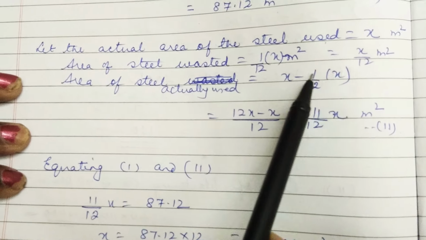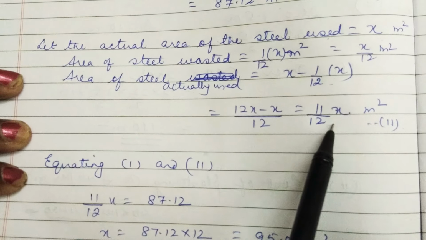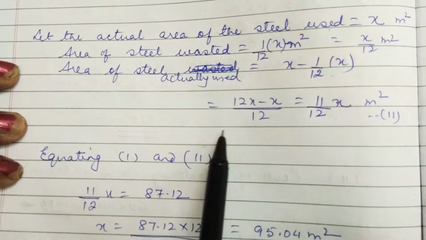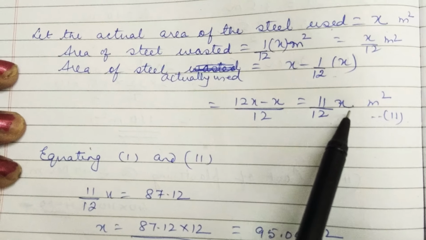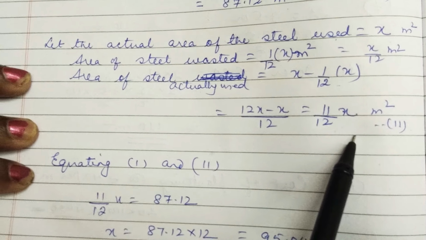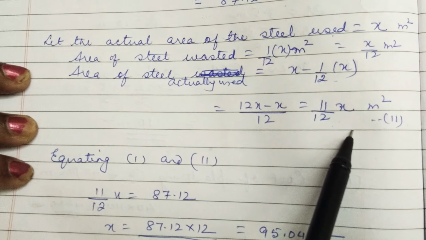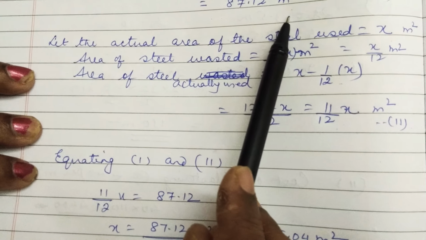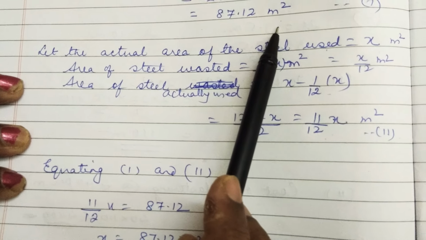That was x minus 1/12 x, that is equal to 11/12 x meter square. So area of steel actually used after wastage is 11/12 x meter square. And now what is the total surface area of the tank? That is 87.12 meter square.